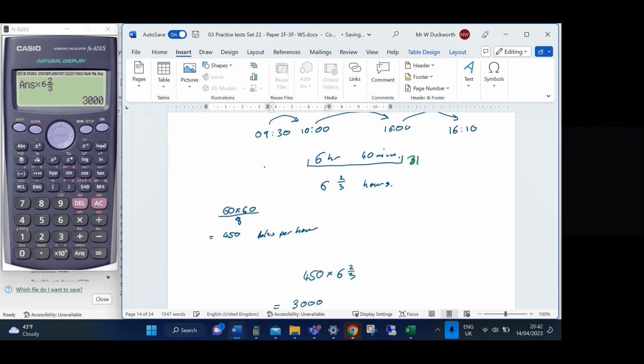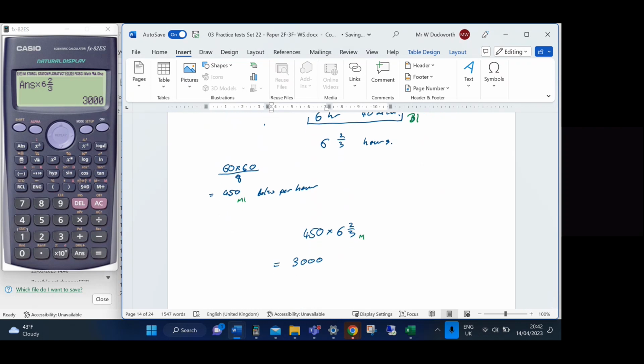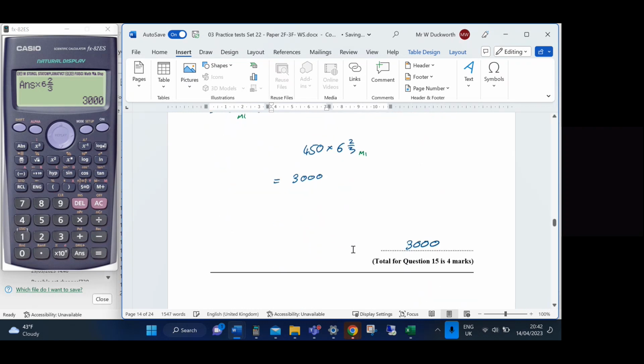We then get a method mark for converting their time difference into seconds, or finding the number of bolts produced in 1 minute, or finding the number of bolts produced in 1 hour. So we pick up our M1 there, and then it is M1 for complete method to find out how many bolts are produced. So we've got M1 there, and then A1 for our 3000.